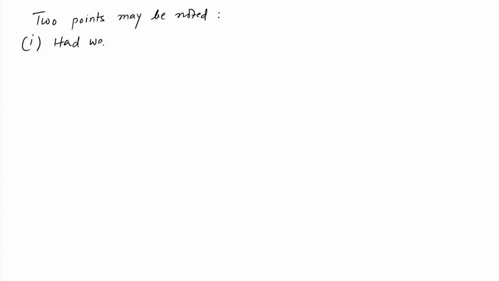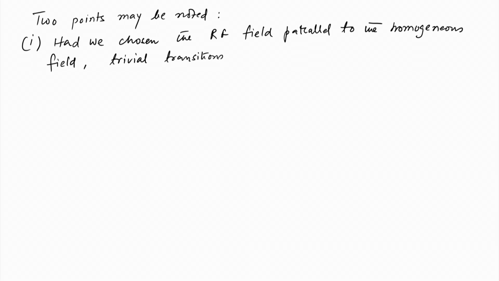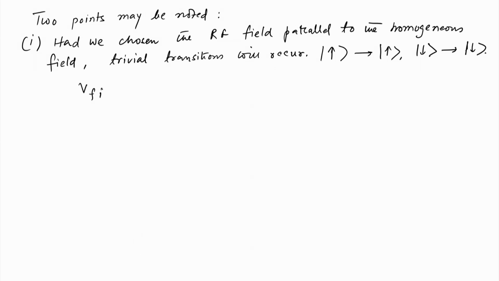So trivial transitions will occur, such as up to up and down to down, such that V of t is proportional to phi f Iz.